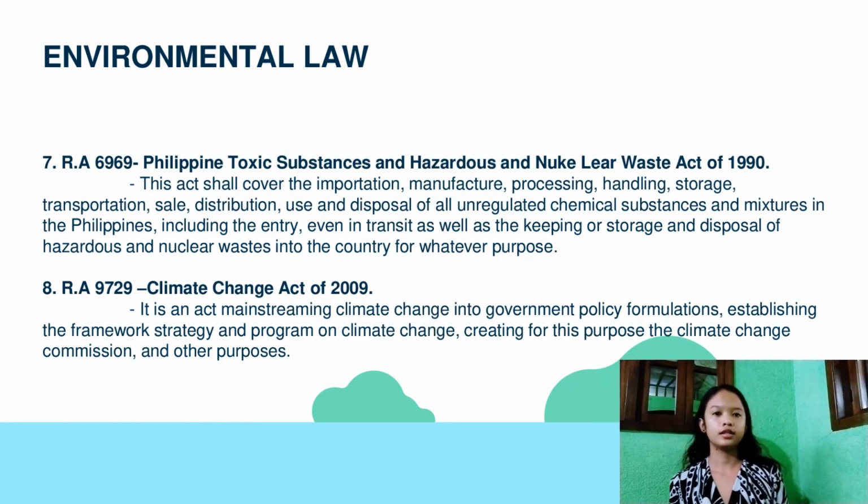RA 6969, the act was carried out to control, supervise, and regulate activities on toxic chemicals and hazardous waste. Unauthorized transport or dumping into water of sewage or solid waste are prohibited. RA 9789 is the policy of the state to afford full protection and to fulfill human needs while maintaining the quality of the natural environment for current and future generations.